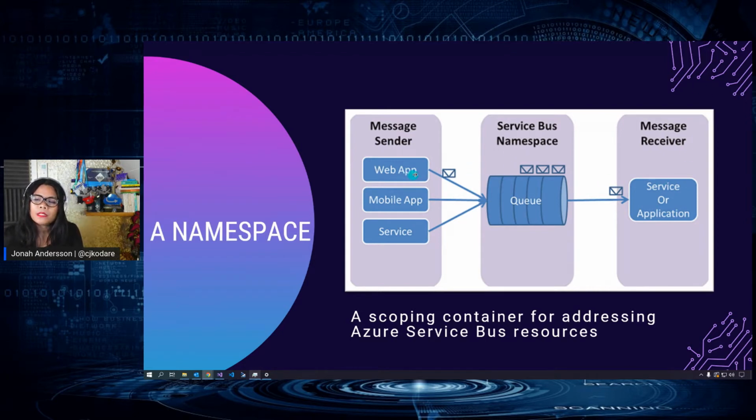You pass this data as a message into the queue, and that message can be retrieved by the message receiver, which is another application somewhere else, for example a mobile app.